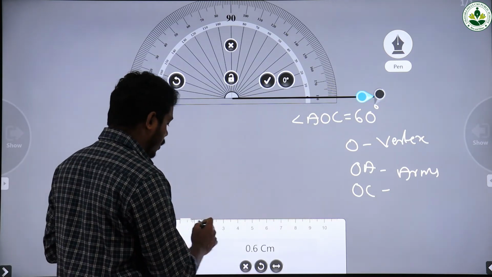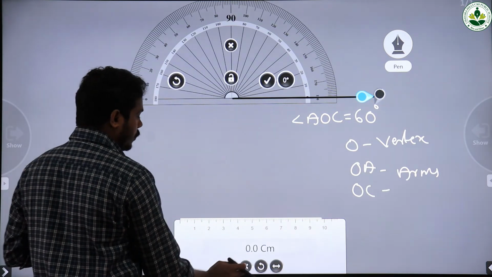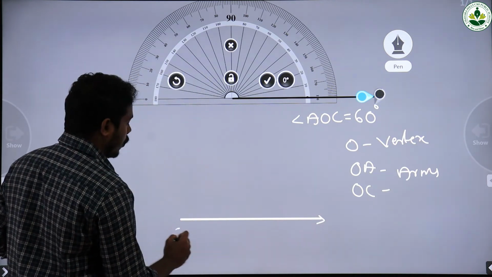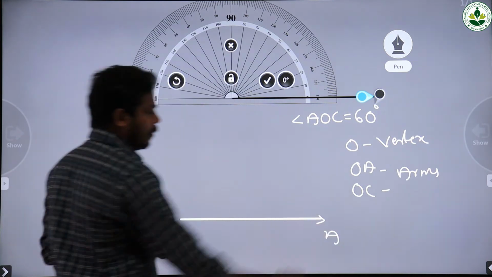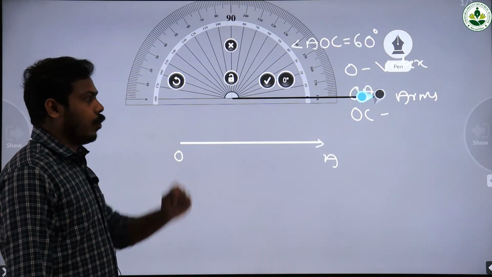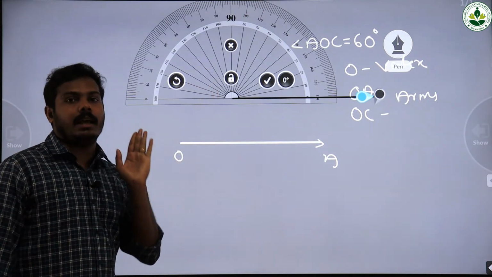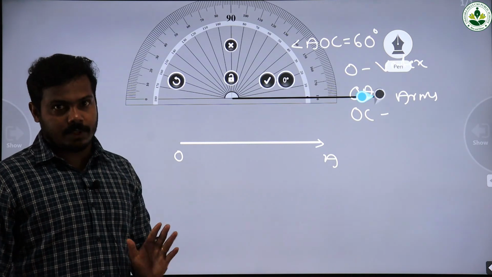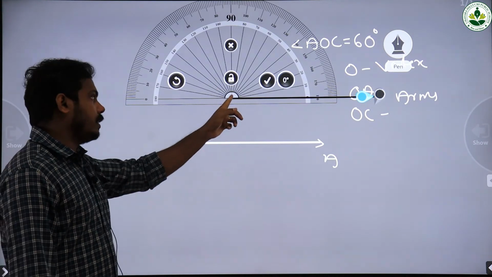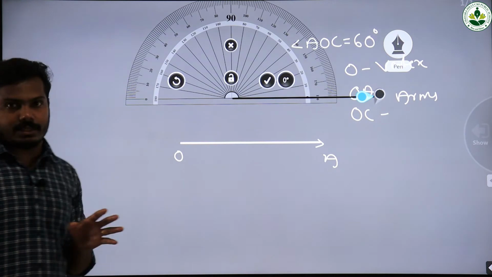So draw a ray OA. Then place the baseline of the protractor on this ray OA in such a way that the center of the baseline lies exactly on the vertex.